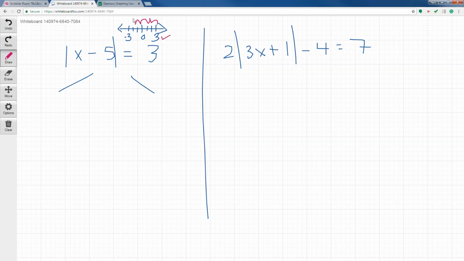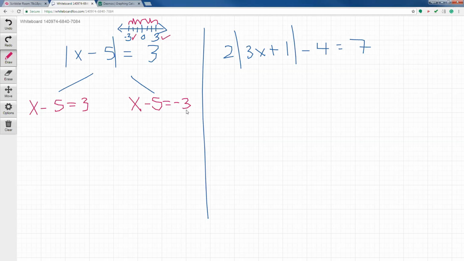But you can also move 3 spaces from 0 to the left, so negative 3 is a second option. So you take the first option and say, well, one possibility is I equal 3. The second possibility is I'm going to equal negative 3. Because 3 and negative 3 are both 3 spaces from 0.